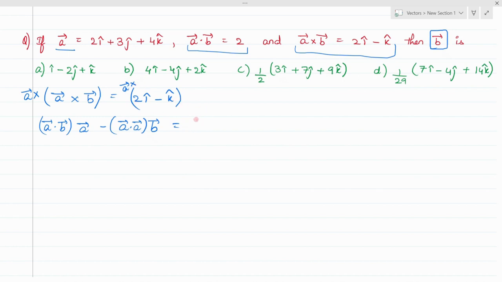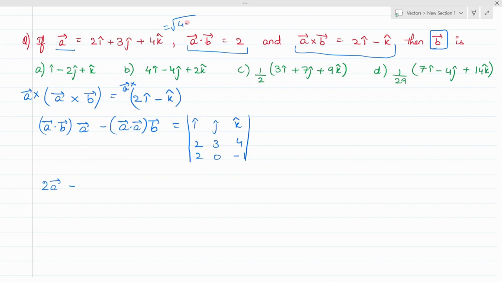Here simply the cross product becomes as i, j, k, and A is nothing but 2, 3, 4. Inside it is 2, 0, minus 1. Take its determinant. From here we can write it as A dot B. It's given as 2, A vector, magnitude of A square.